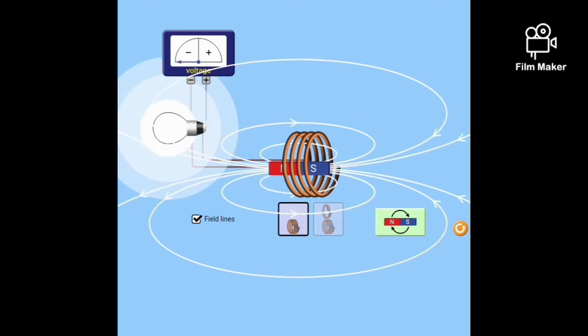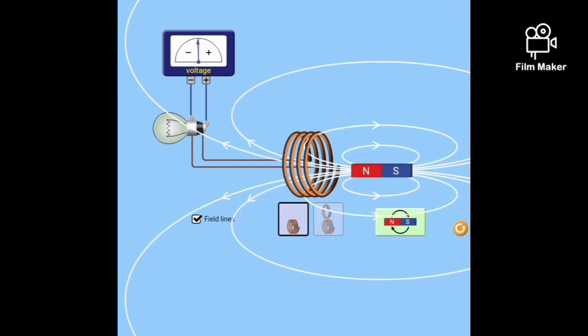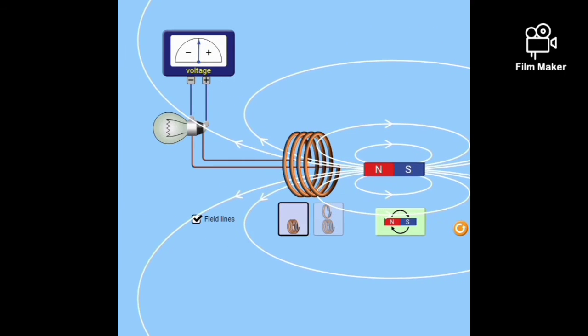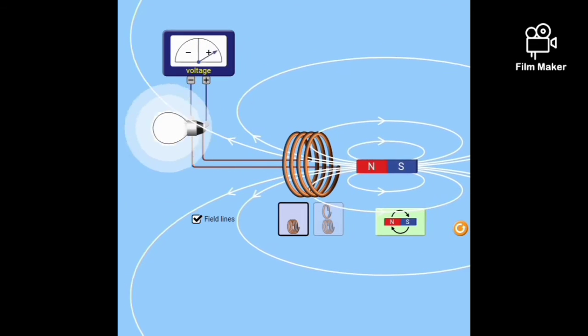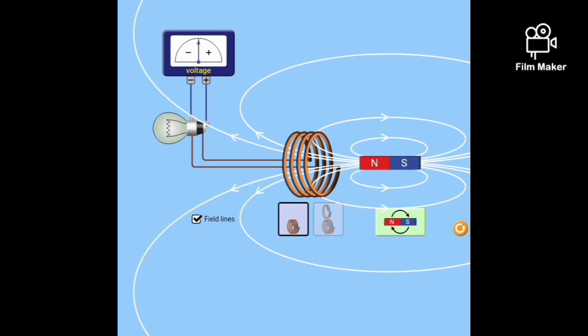When we try to move the magnet, what we simply do is we change the magnetic flux linkage, and as a result, an e.m.f. is set up in the coil. This phenomenon is what we call electromagnetic induction.